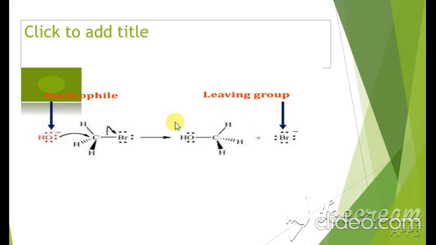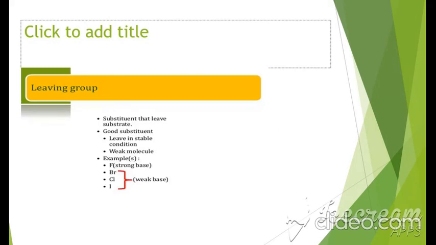The nucleophile is a negatively charged body or a neutral one with a lone pair of electrons. The substrate is the alkyl halide, RX, as we are discussing the reactions of alkyl halides. The third one is the leaving group, which is part of the alkyl halide.